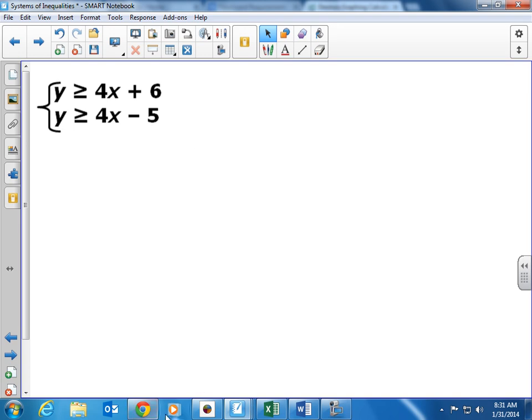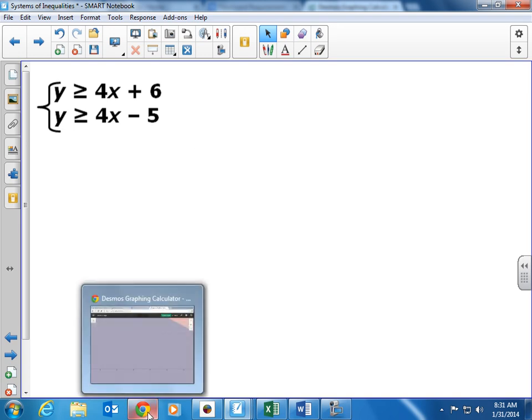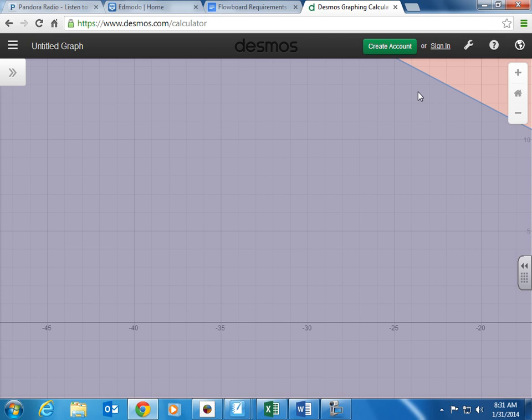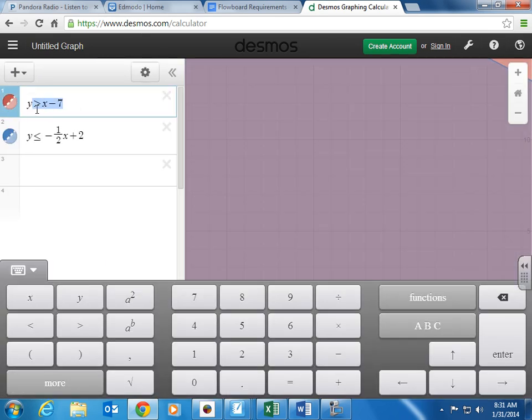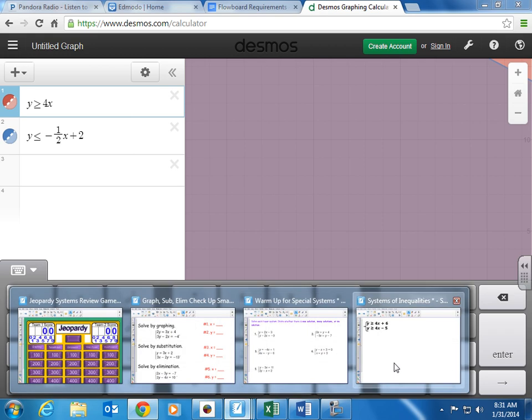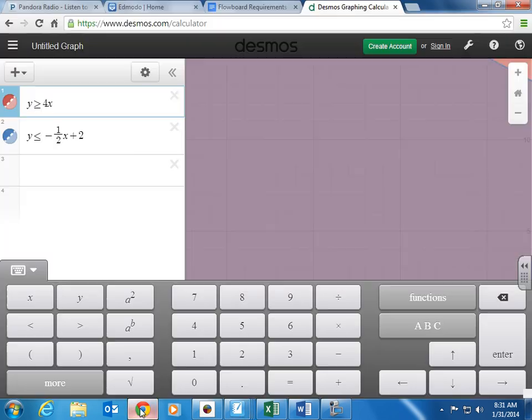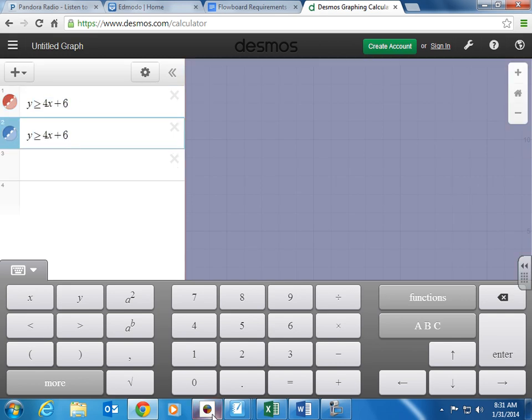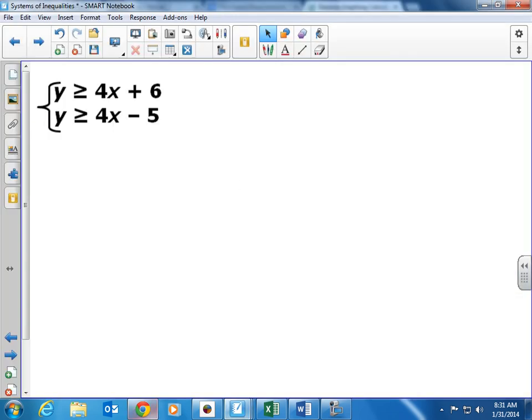I guess they're both in slope-intercept form, so let's just take a look. Y is greater than or equal to 4x plus 6. The other inequality was very similar, so I'm going to copy and paste that, except it said minus 5.